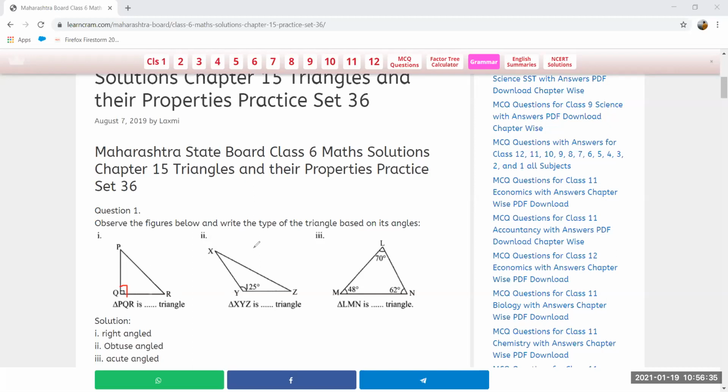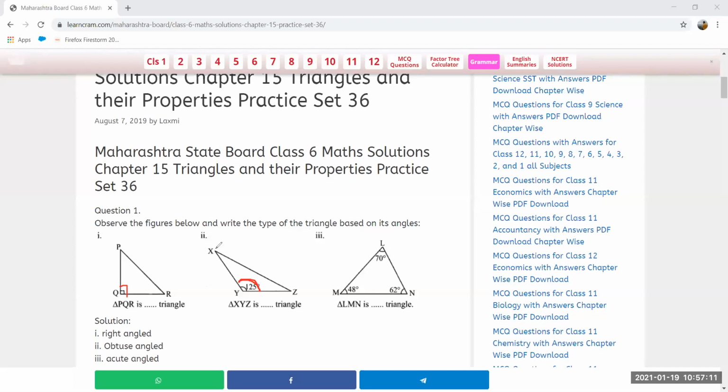Now in the second figure, no angle is 90-degree, but you can see that one of the angles is greater than 90-degree. This angle is 125-degree. So if in any triangle one of the angles is more than 90-degree, then you can call it an obtuse angle triangle.